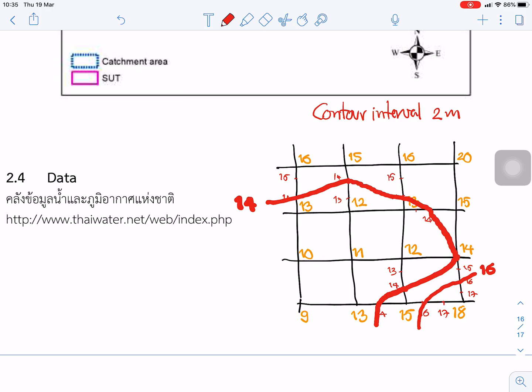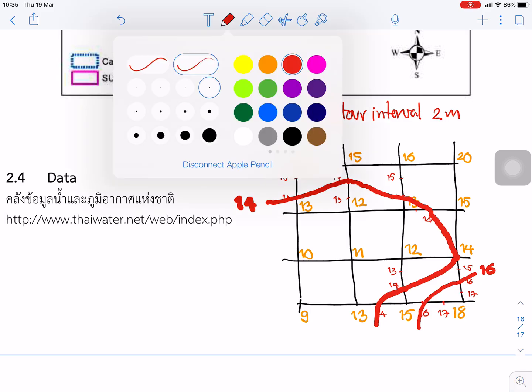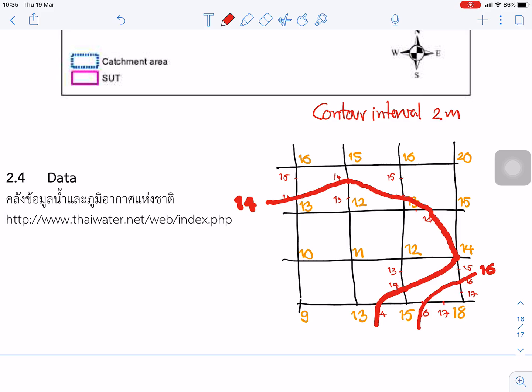And how about for 12? From 9 to 13, this one is 10, 12 here, 10 to 13.